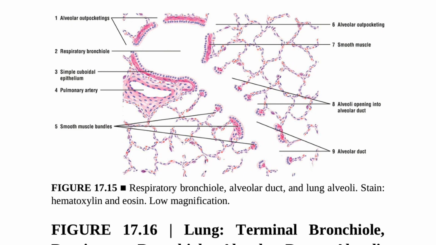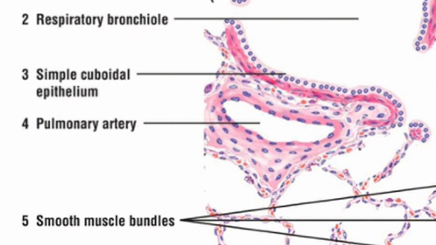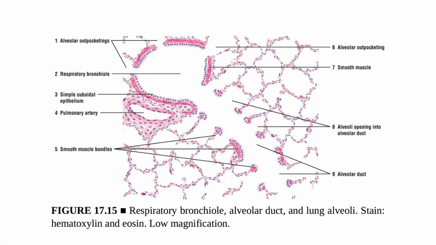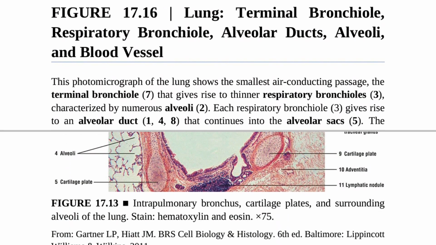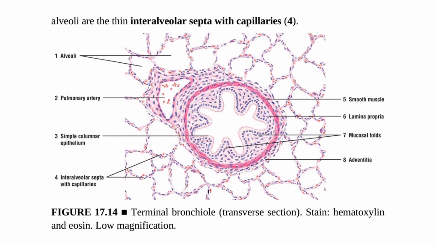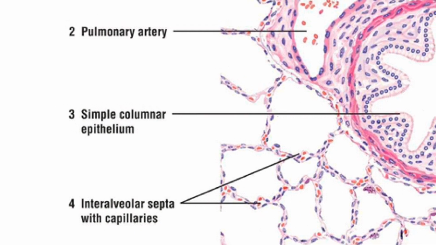And here in the bronchiole, in the epithelium, simple cuboidal epithelium is there. So you prepare this slide, all the names. Then this one, terminal bronchiole, transverse section, and the simple columnar epithelial cells.